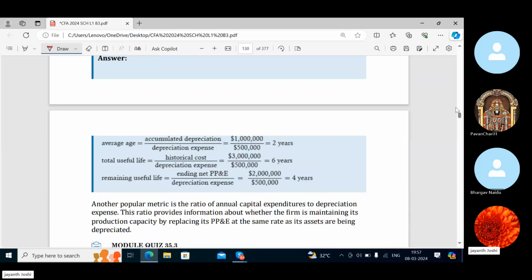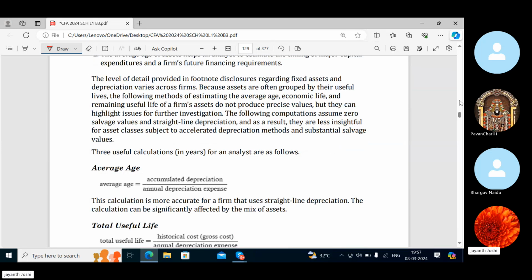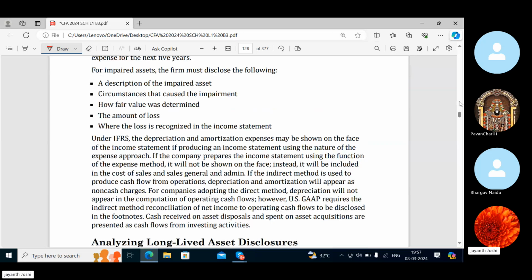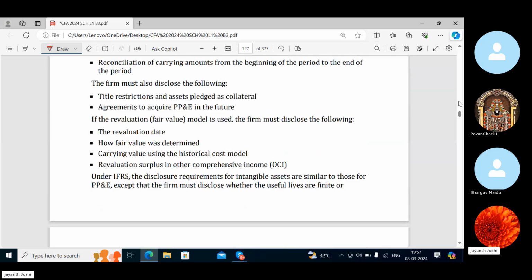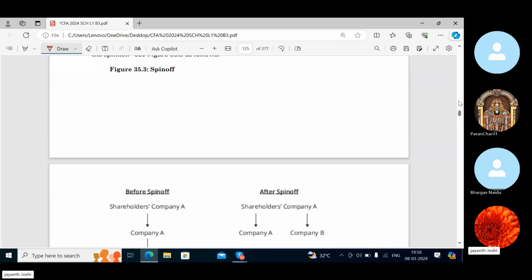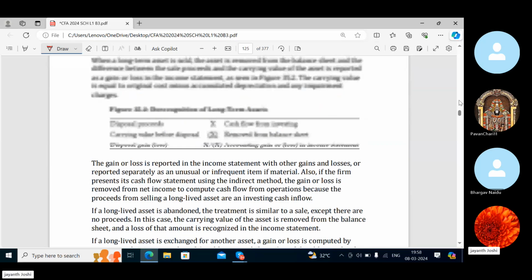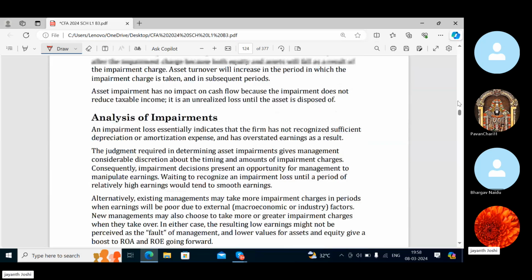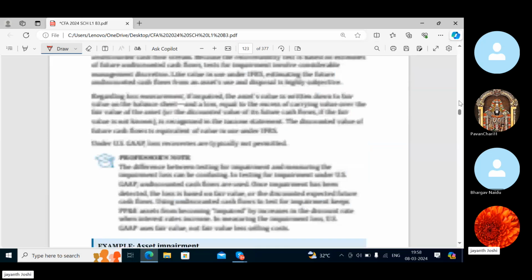They haven't given any such stuff. Just checking, 2 minutes. Depreciation.